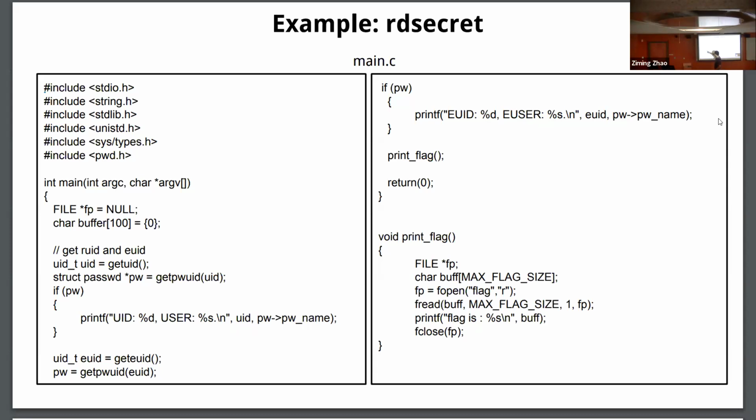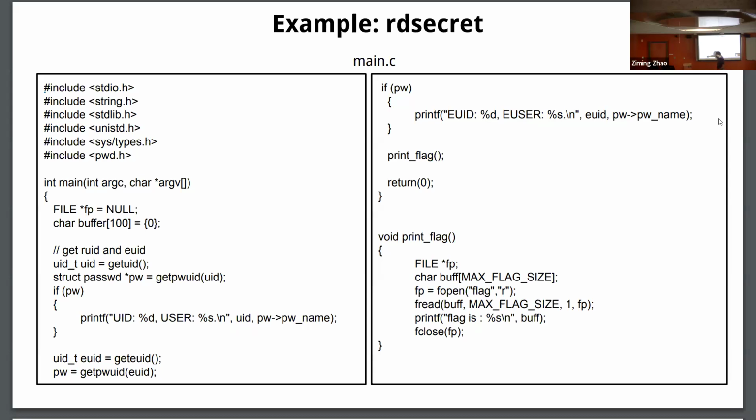The getpwuid function only gives us the UID, which is the real UID. Then we print out the real UID and we also print out the name, right?